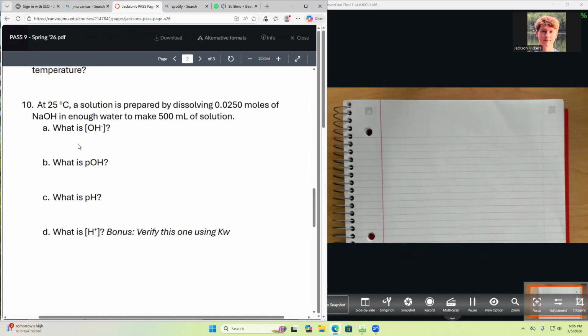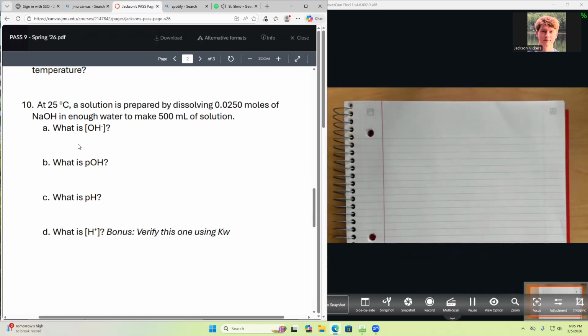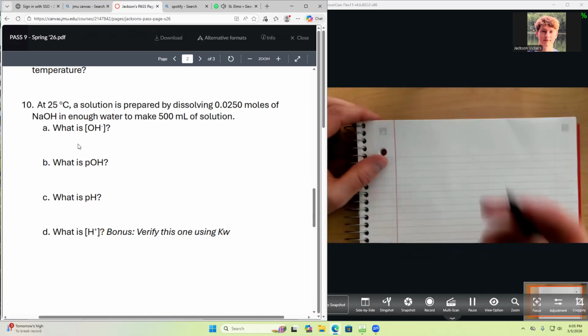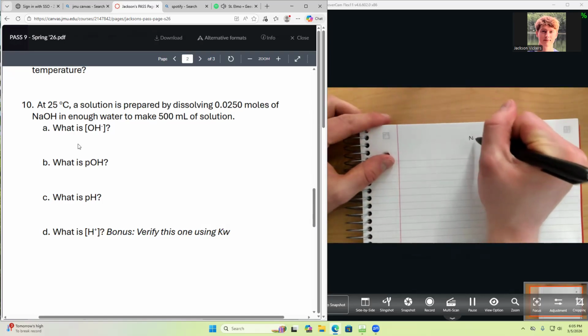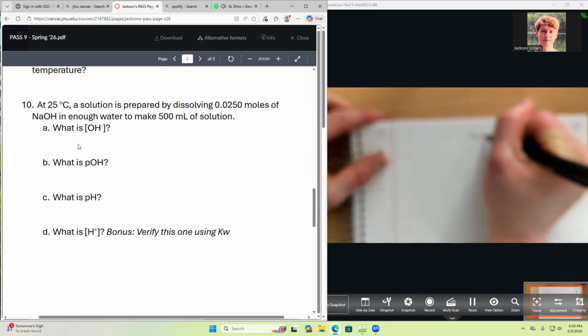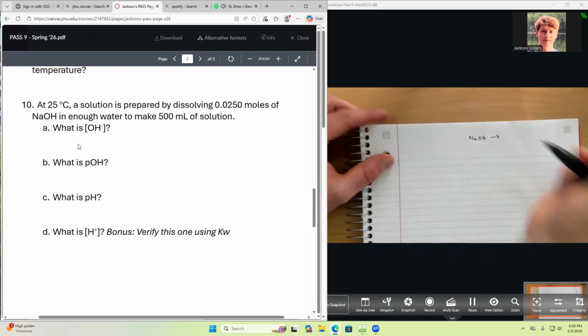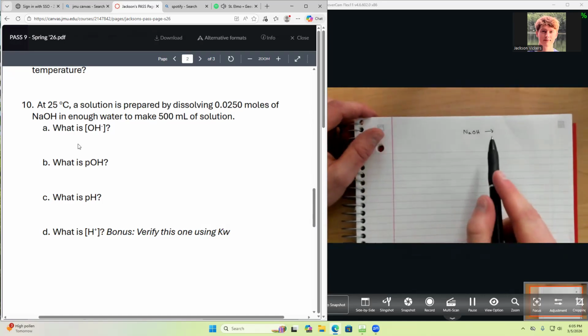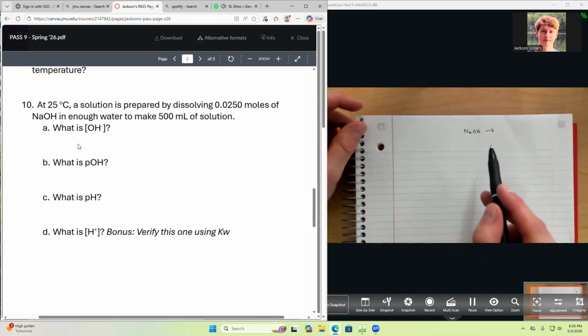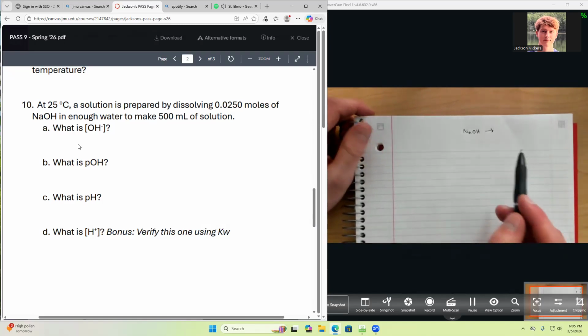It's important to remember that strong acids and strong bases fully dissociate. So if you're at a stuck point right here, anytime we have a strong acid or a strong base, we know that one-to-one, it's going to dissolve fully into those hydroxide ions. So when you write NaOH, this is a key detail that's going to come up. It's not even at equilibrium. It's going to be a forward arrow, and that's it.